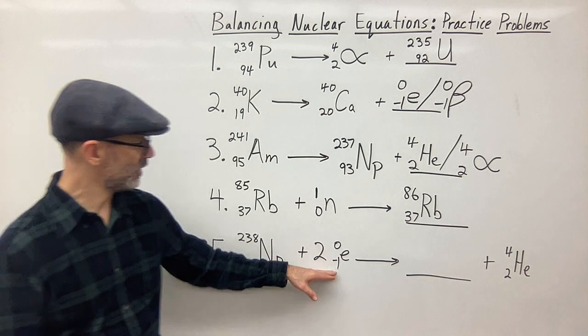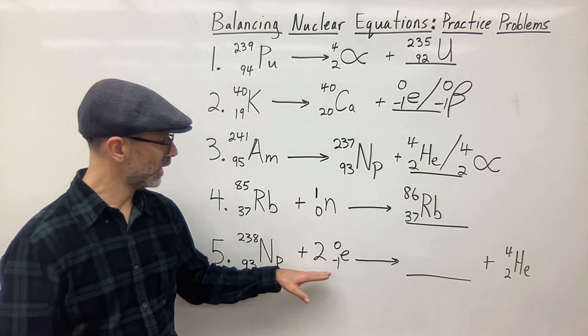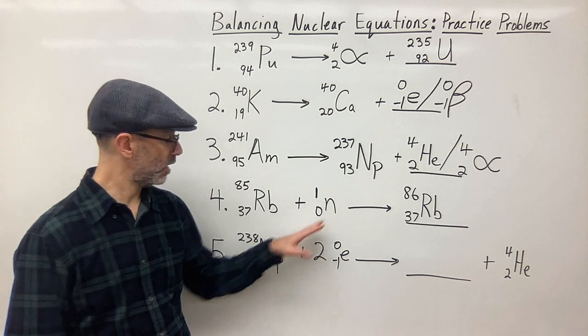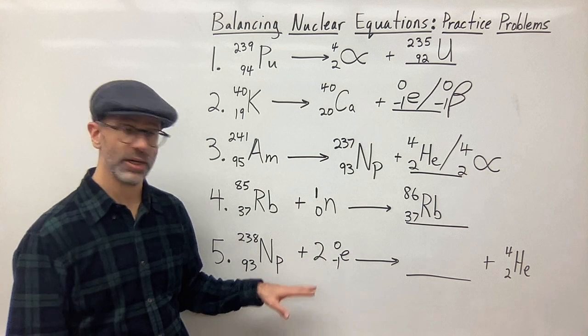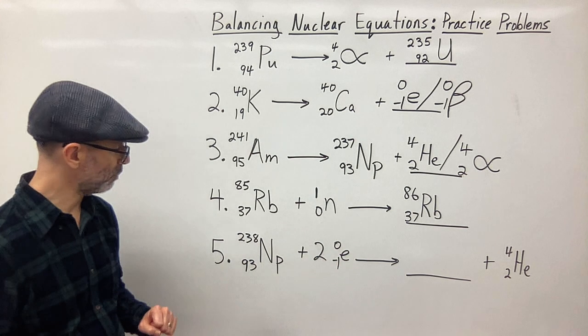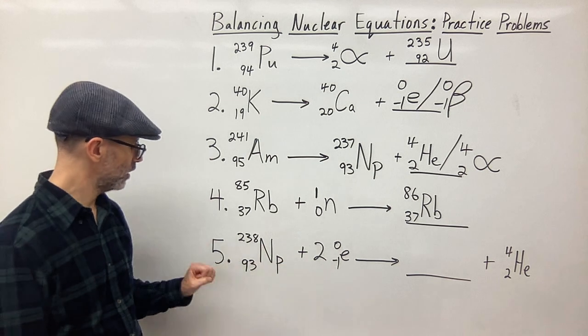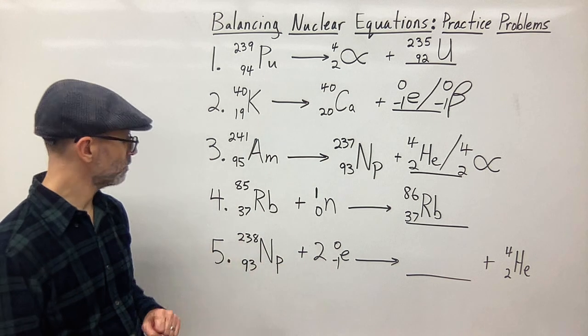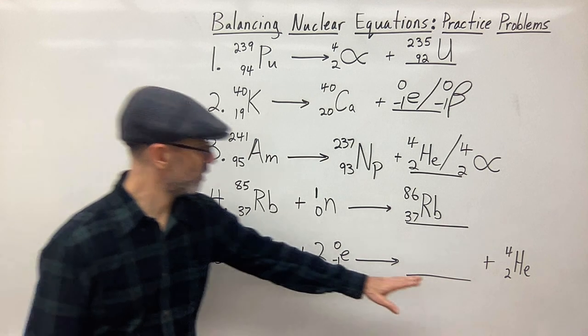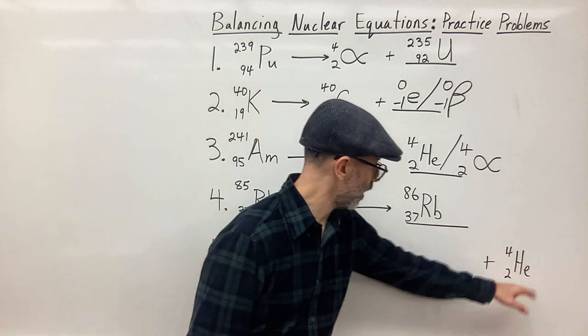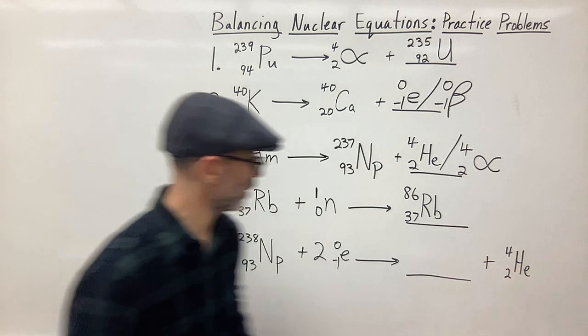And then we're going to add to it 2 electrons, so this would be electron capture in this example. So this is going to capture 2 electrons. We're adding that to this element here, and we need to figure out what this element is, given that we have an alpha particle here.